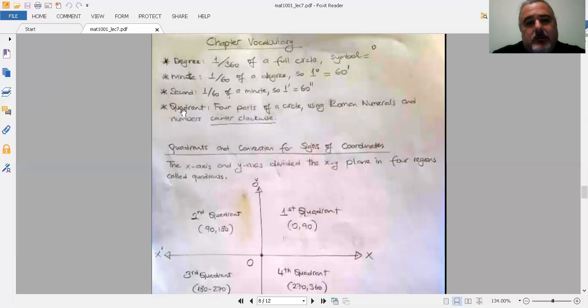A quadrant is the division of a circle into 4 parts. The circle is divided into 4 parts, labeled using Roman numerals, and the numbers go counterclockwise. What does that mean? It is the opposite direction of clockwise.